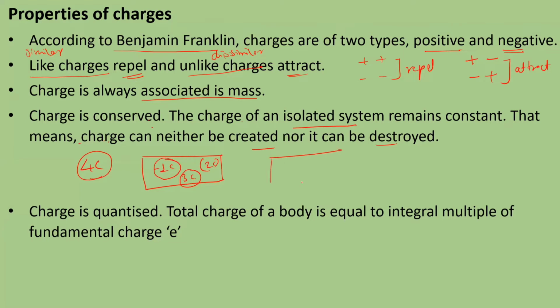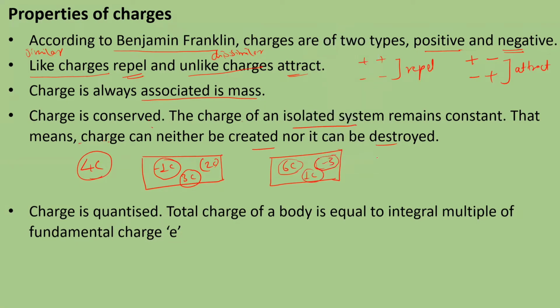So somehow if you have thrown this isolated system into some other condition, in that particular case, what will be the charge? It will remain constant. Charge won't change. The total charge won't change. So in that case, suppose this is 6 coulomb, here you have -3 coulomb, and here you have 1 coulomb.